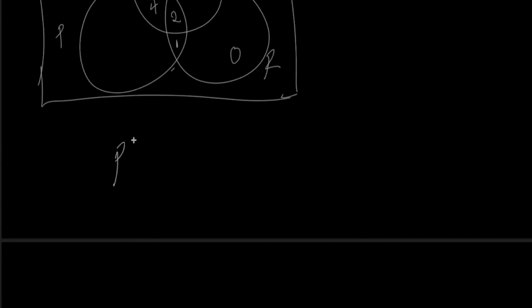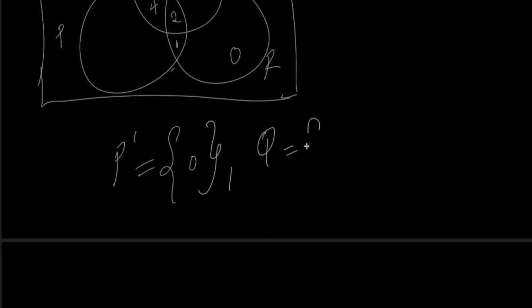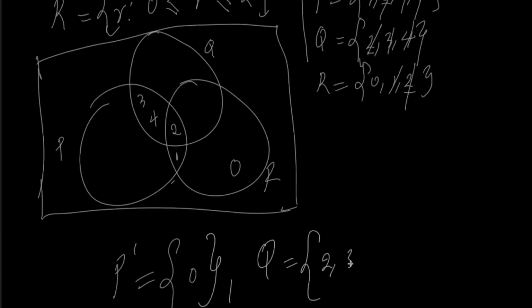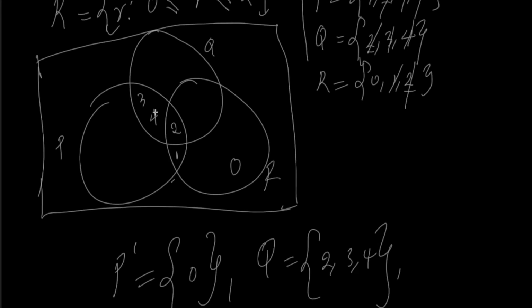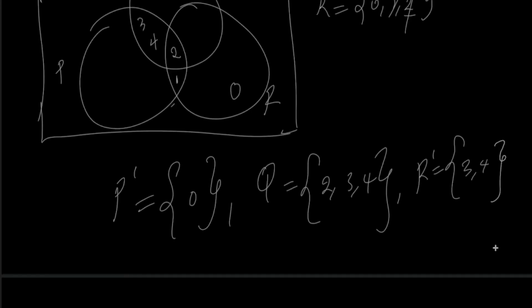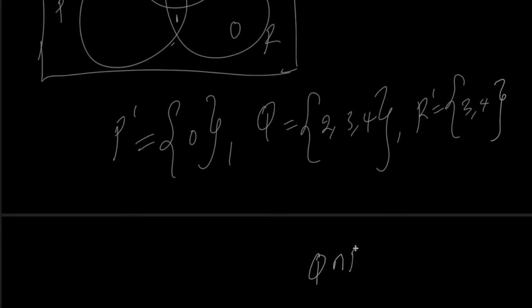The complement of P is equal to 0. Q is equal to 2, 3, 4. And the complement of R is 3 and 4. Although there's a connection between these two, that is Q intersect R complement, that is 3 and 4.